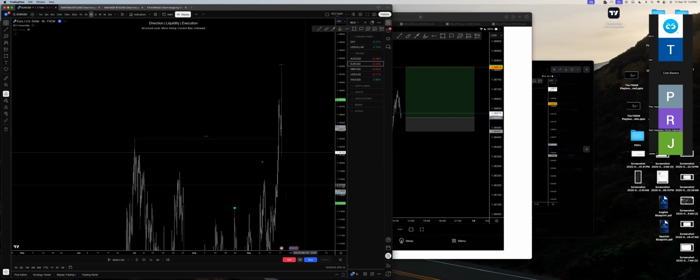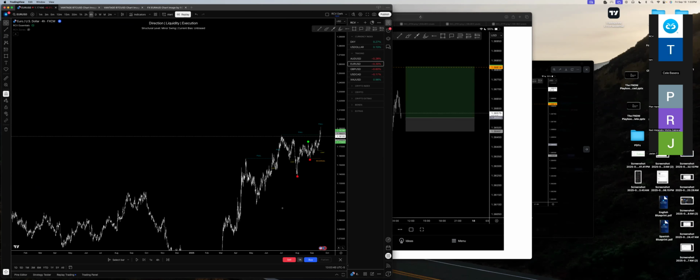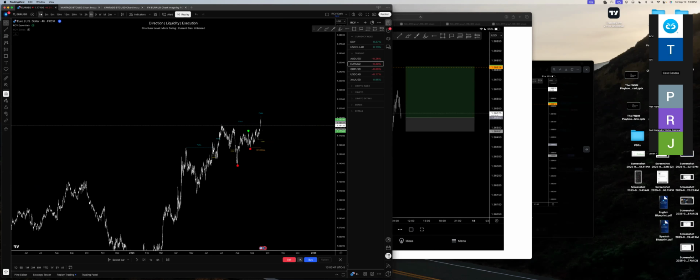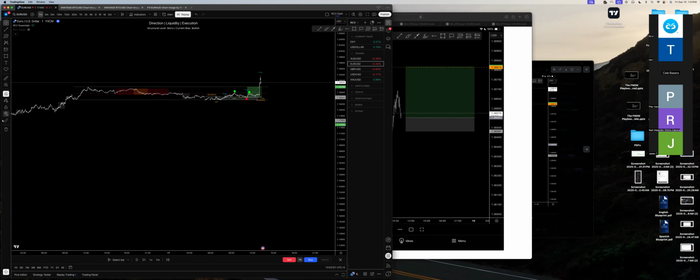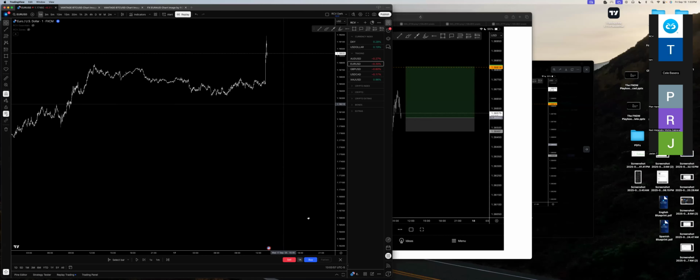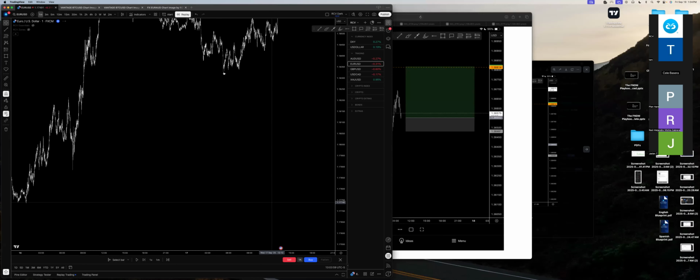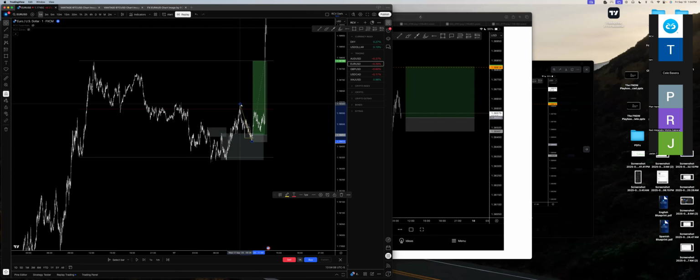The reason why I did that was, with every pair, I pretty much zoomed in, starting from M1, to see how many levels I would have.